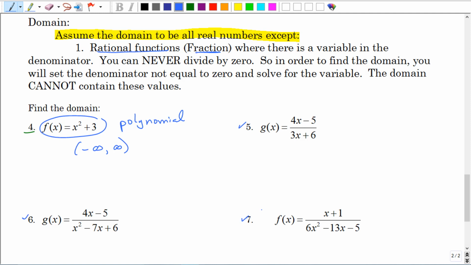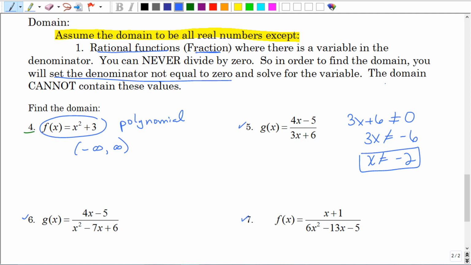So how do we find what values x can be in a rational function? Well, we don't want to divide by 0. So we're going to set the denominator not equal to 0. So 3x plus 6. That says, hey, I'm not dividing by 0. And I'm going to solve. So I'm going to subtract 6 and divide by 3.